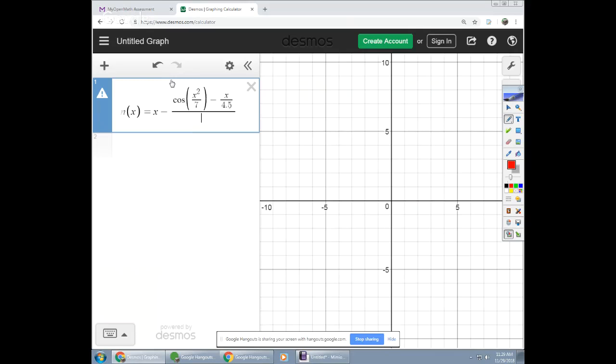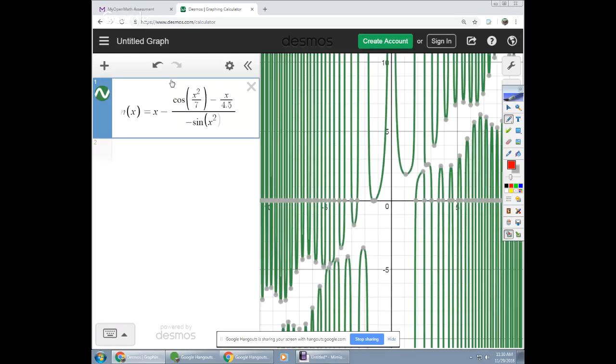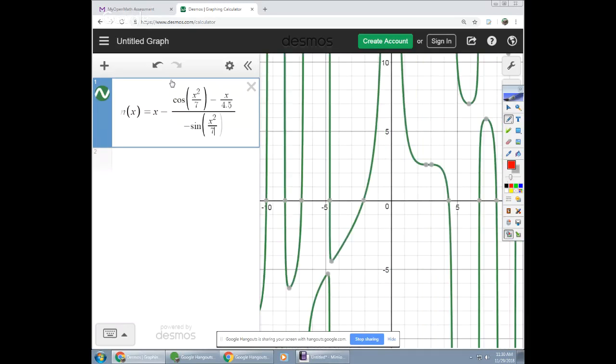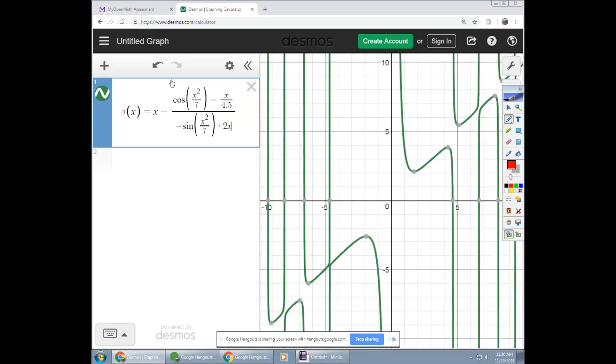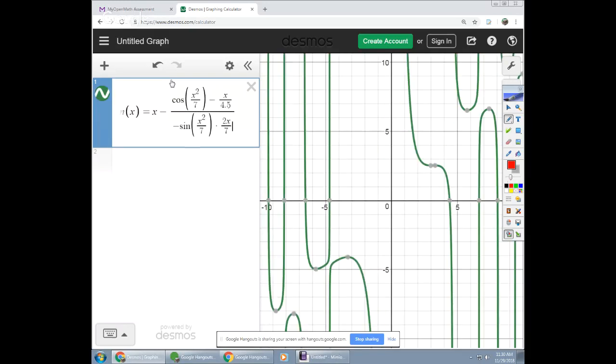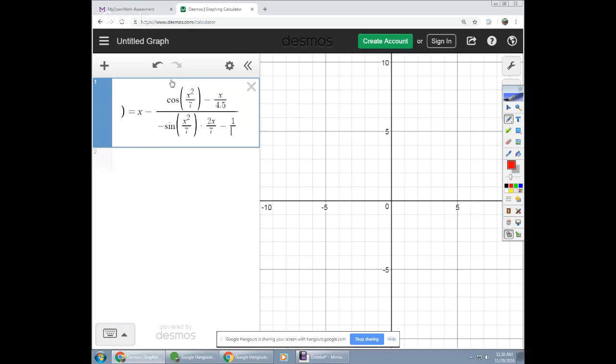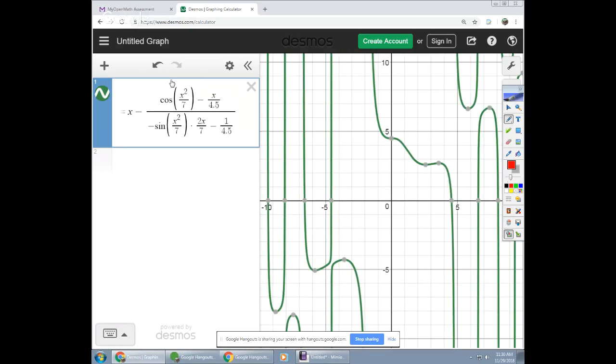And then the bottom, the opposite of the sine of that again, x squared over 7, close parentheses, multiplied by 2x over 7, and then subtract 1 over 4.5. That's a wicked cool function, eh?